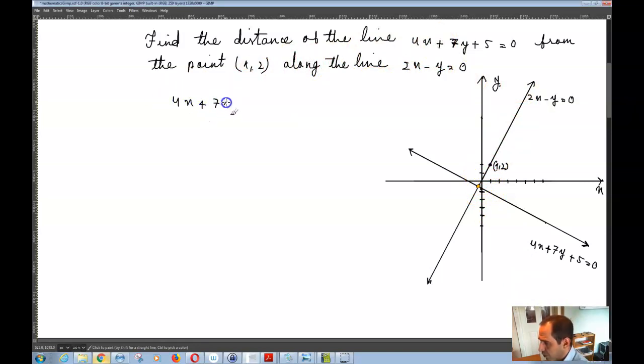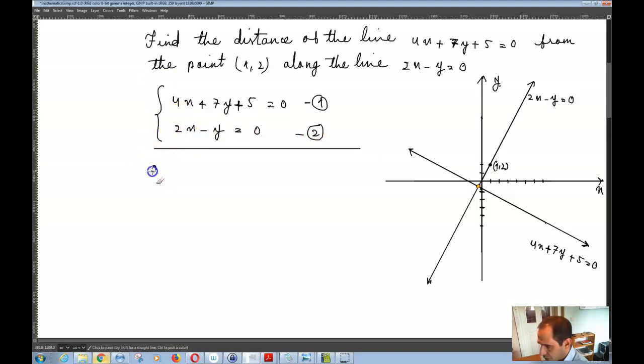So then I have 4x plus 7y plus 5 is equal to 0, and 2x minus y is equal to 0. Call these, for example, 1 and 2. If I multiply 2 by 2, I will get 4x plus 7y plus 5 is equal to 0, and 4x minus 2y is equal to 0.